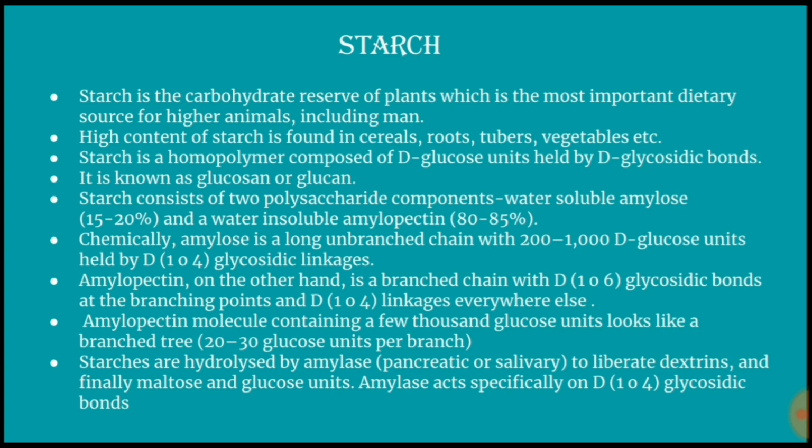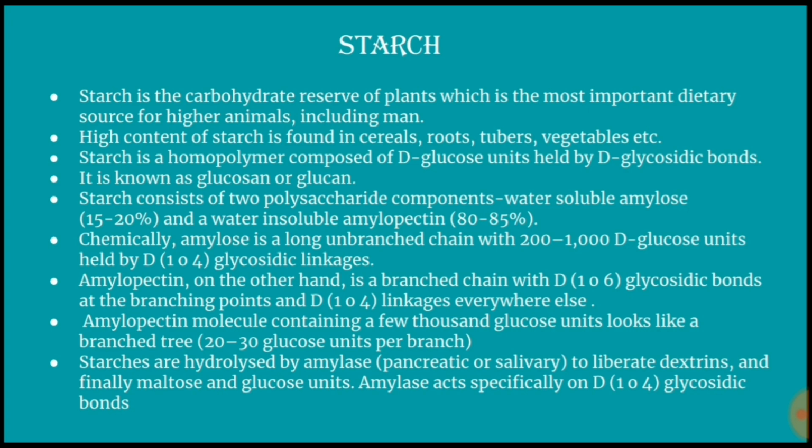Hydrolyzing is to break down the bigger chain of starch into smaller components. So the enzyme working on starch is amylase, which is produced either in the pancreas or salivary glands, and gives out the products dextrin, maltose, and glucose units.